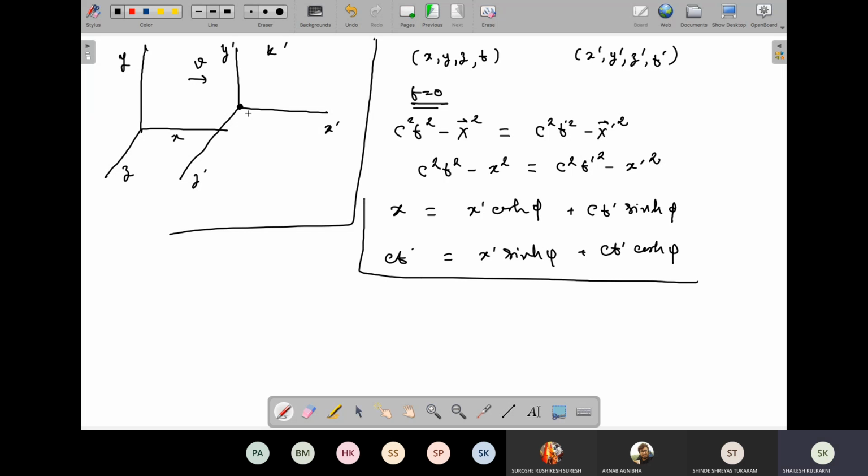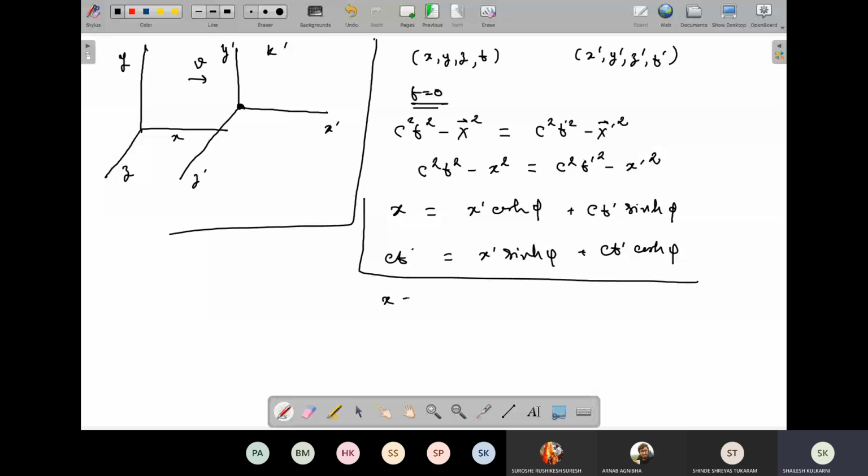If I want to know how this point is transformed into the k frame, I have to put x prime equal to 0 here. So if I put x prime equal to 0, what is going to happen?